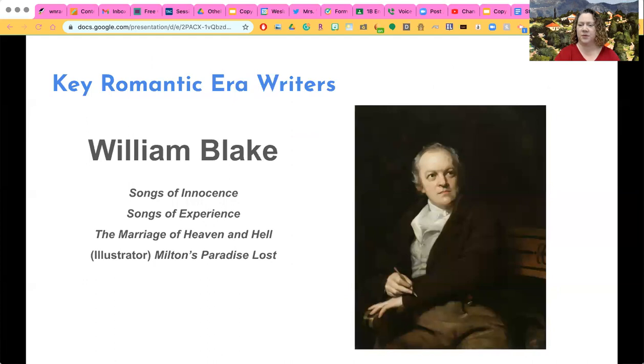There are a few writers. I'm going to go through these pretty quickly, but I do want you to notice when I was getting this slideshow ready, I noticed that all the portraits of the different writers from this time period have a very distinct style. There's always a serious look on the face. They look preoccupied with something.